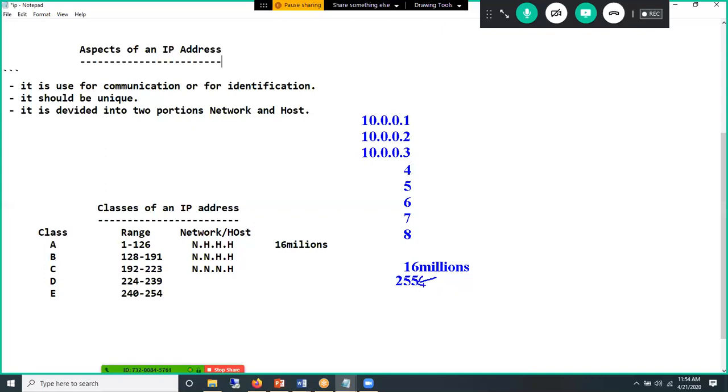Why not 500, why not 1000, why not 2000, so that I can easily count? Why not a round figure? Why do I get this odd middle number like 255? How is this number obtained? Does anybody know this?